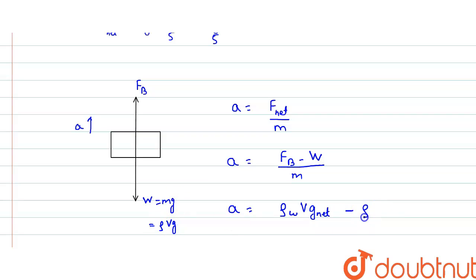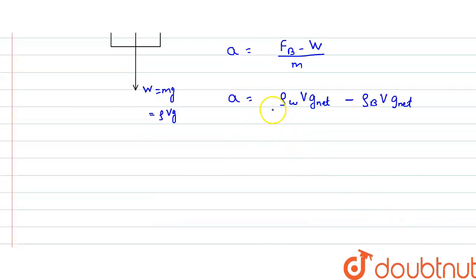So it would be rho of the body into volume, because the total volume is submerged, and g net, divided by the same factor, because we need to divide by mass. So it would be rho B into V into g net. What are the terms which would be cancelling?